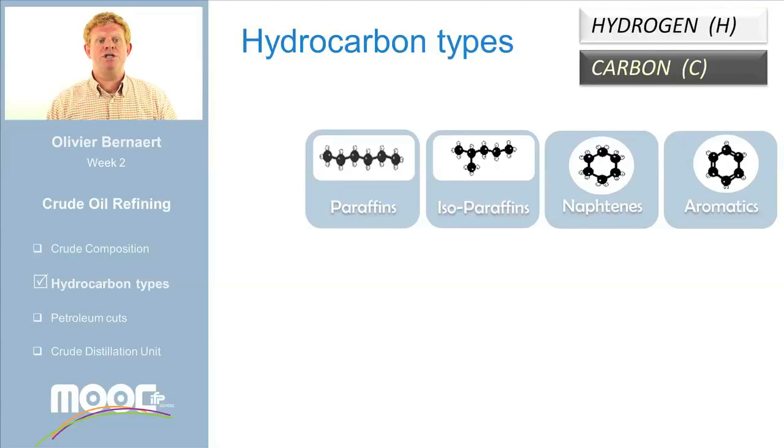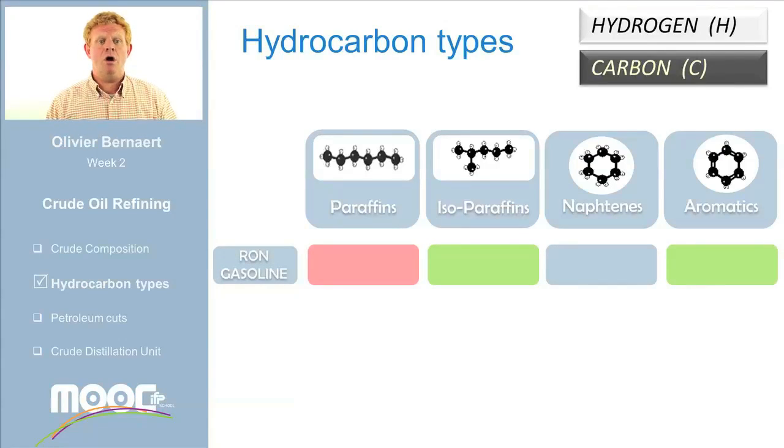It's important to know the type of hydrocarbon you have in a crude, because these molecules will directly influence the quality of the gasoline or diesel you will obtain from this crude oil. For instance, the research octane number, or RON, of paraffin is very low. These compounds are not ideal for gasoline fuel.